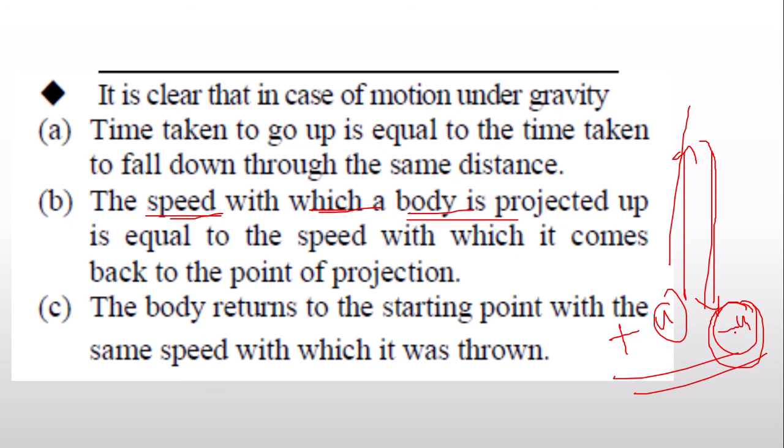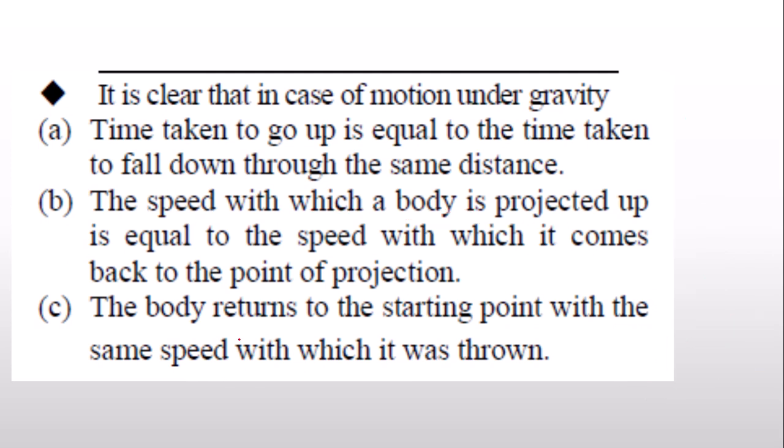There will be no change in the speed. The velocity of projection and the velocity of hitting the ground will both be the same. So the body returns to the starting point with the same speed with which it was thrown.